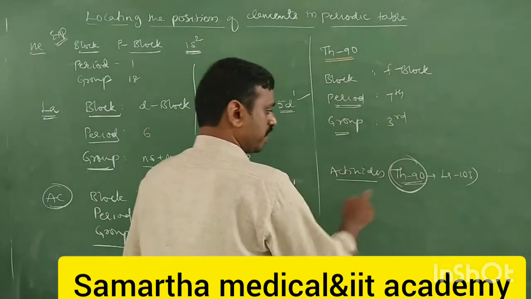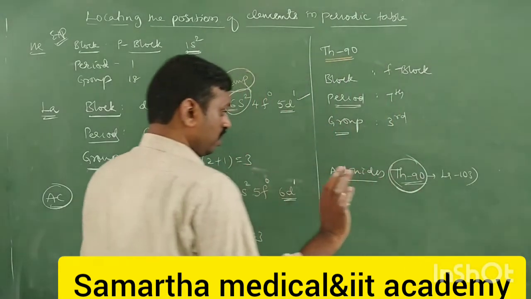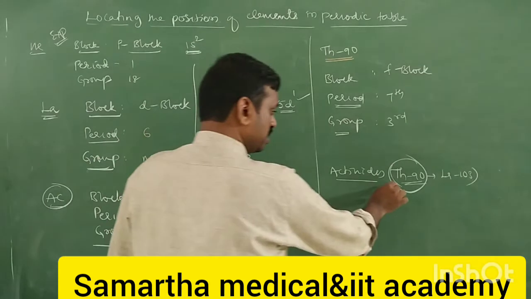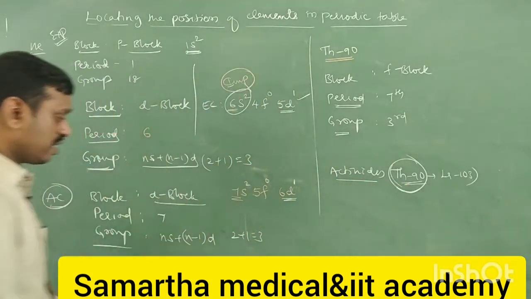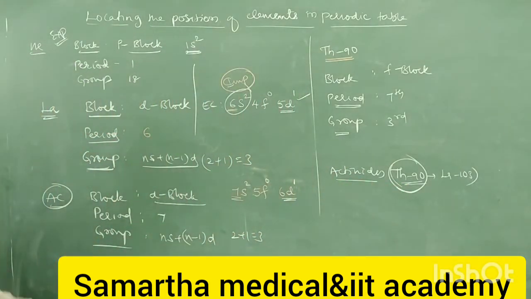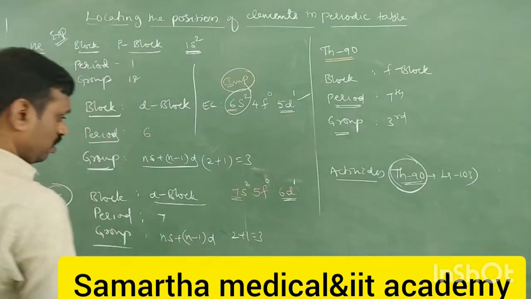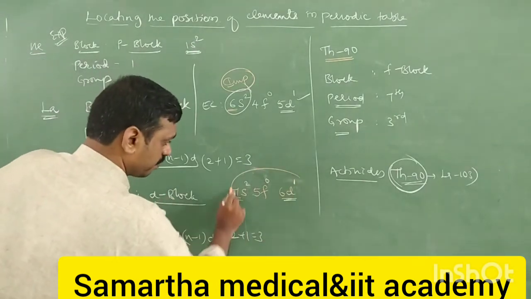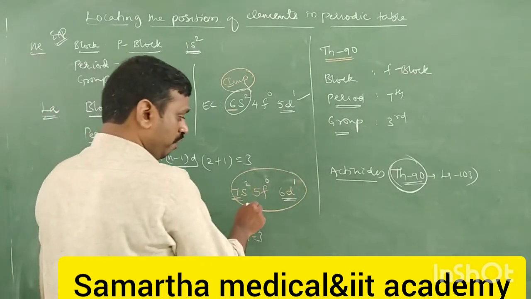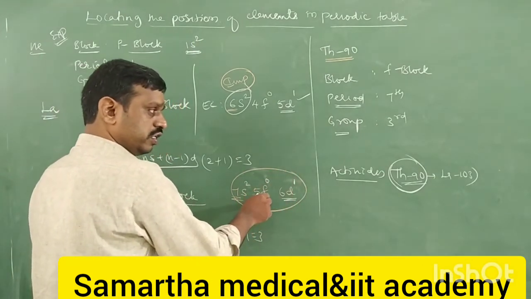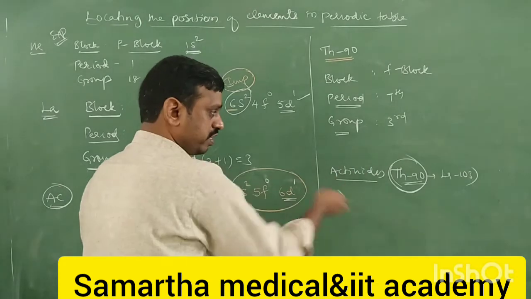Then if you are able to write the electronic configuration, that is well and good. What is the electronic configuration of thorium? Thorium is the element that comes after actinium. So where we have written actinium's electronic configuration, we have written it here. After this, the electron enters where?